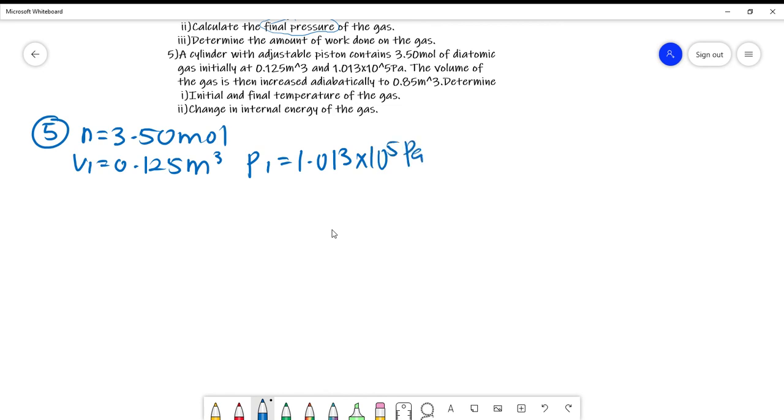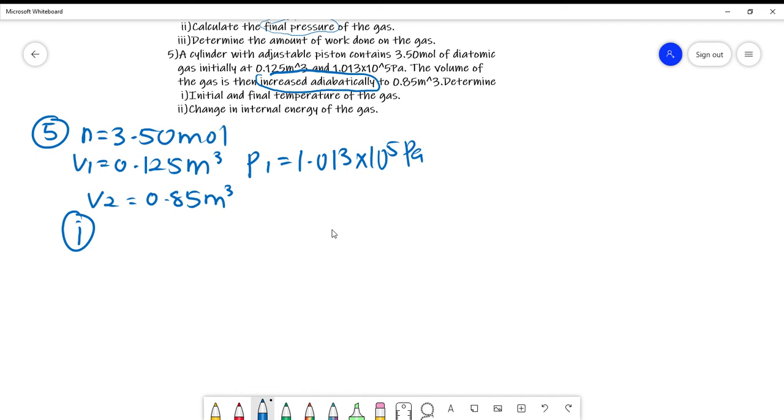The volume is then increased adiabatically to 0.85 meter cube. Determine the initial and final temperature of the gas.